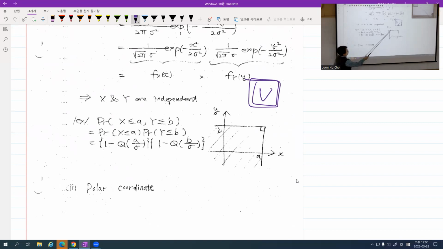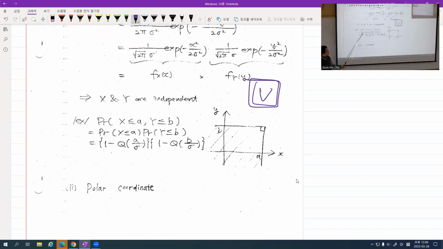So you want to integrate this density on this region, right? And if you are given an arbitrary two-dimensional function, then this integration may be very challenging, even numerically. However, we've seen that x and y are already independent. So this integration can actually be written in this way, right? Due to the independence of x and y.